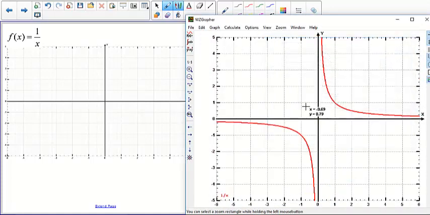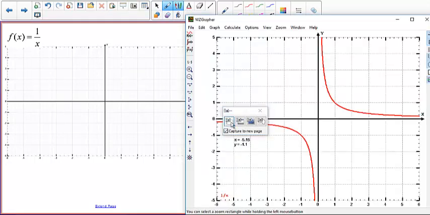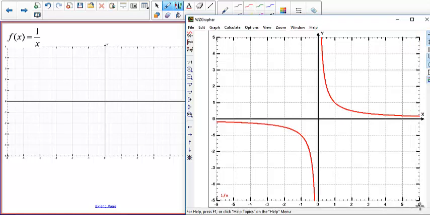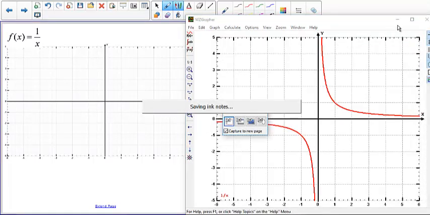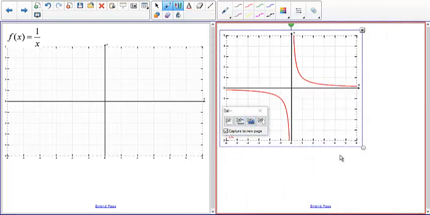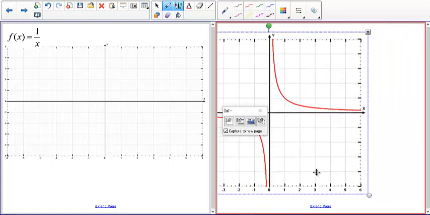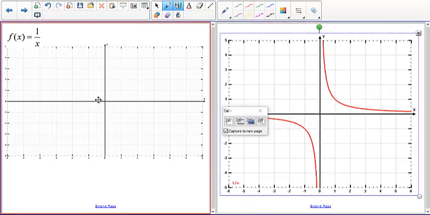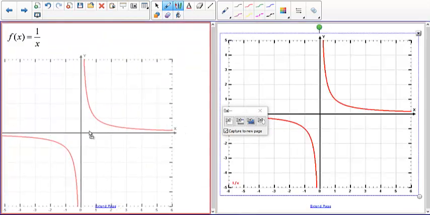Graph that. There you go. And let me grab the camera. Okay, there we go. So I think I'll just get rid of that picture. Drag that over here. Okay, so there's the reciprocal function.